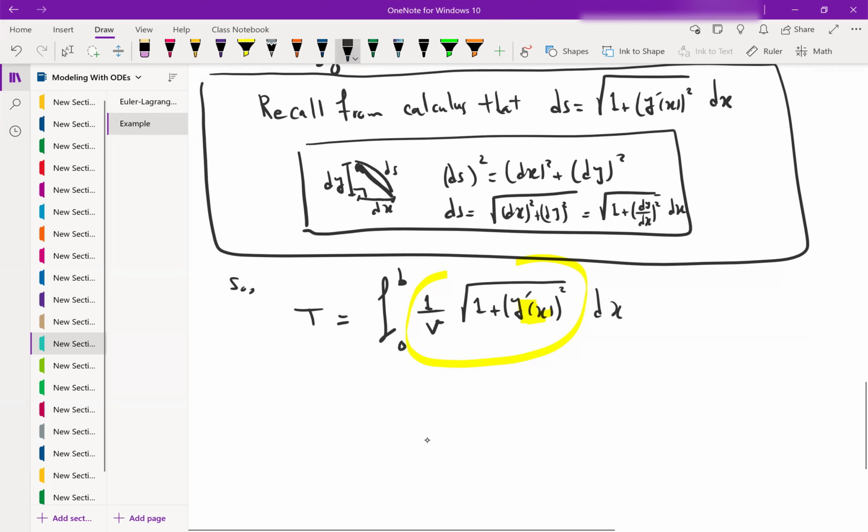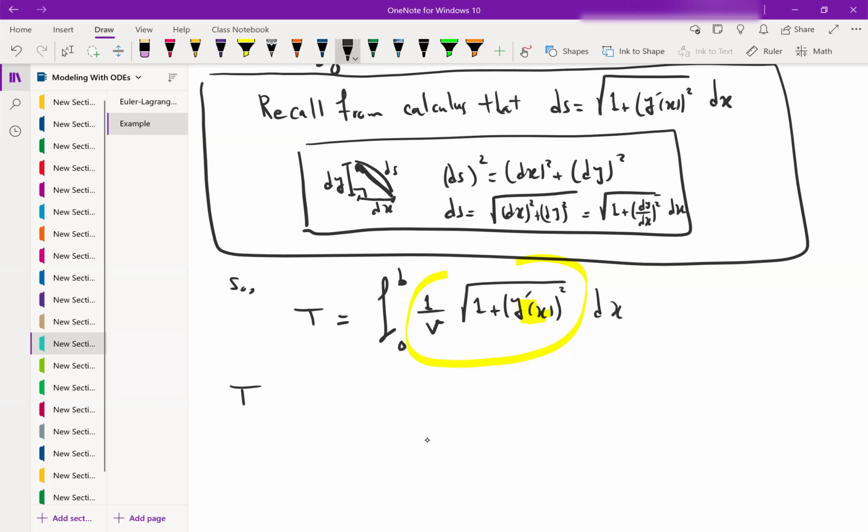So let me continue my solution. The next objective for me is to find an expression for this v to have a better idea of what this functional is, this t. Now I'm looking at t as a functional that involves y and y prime, and then I will minimize this functional.